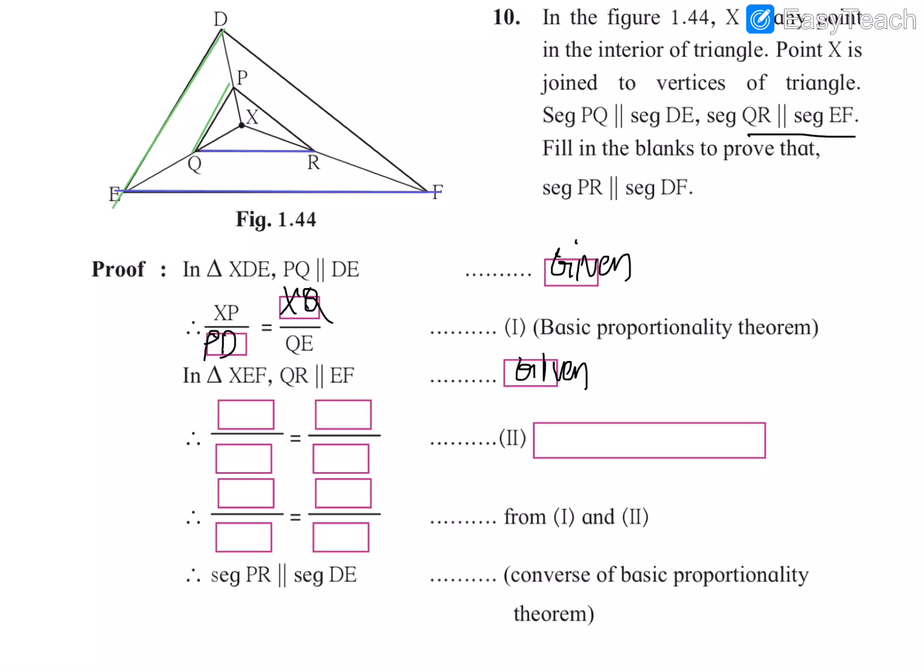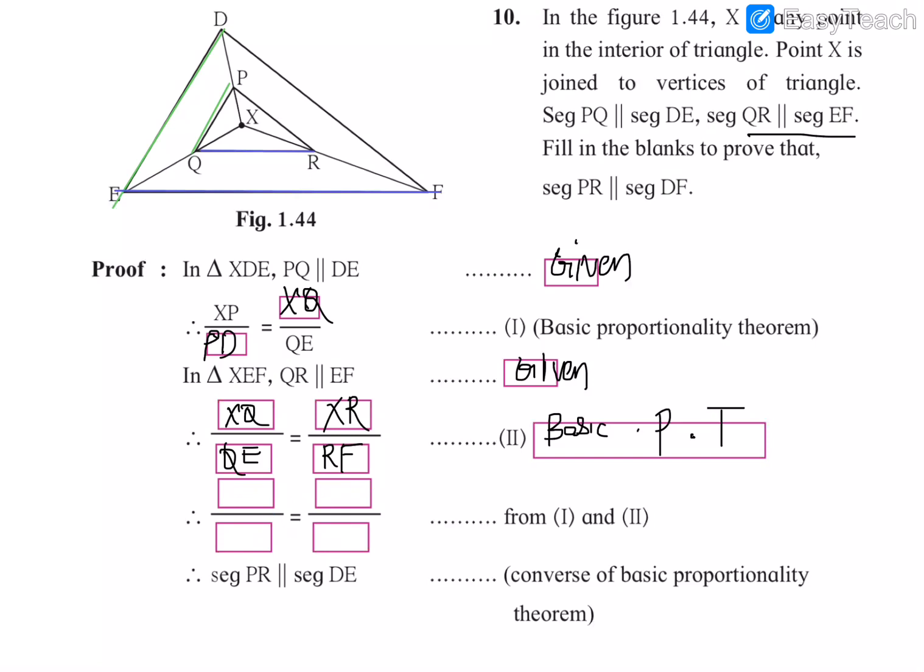In the triangle XEF, XQ by QE equals XR by RF. By which theorem? Basic proportionality theorem.